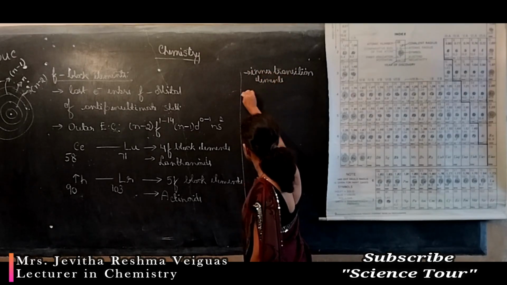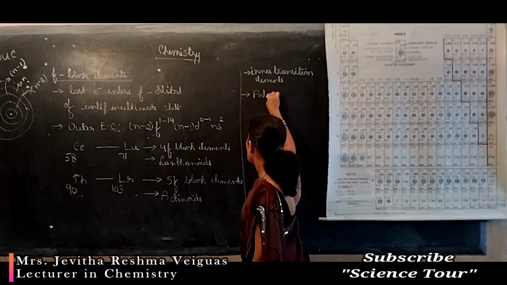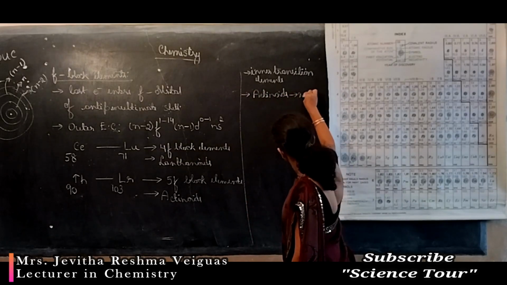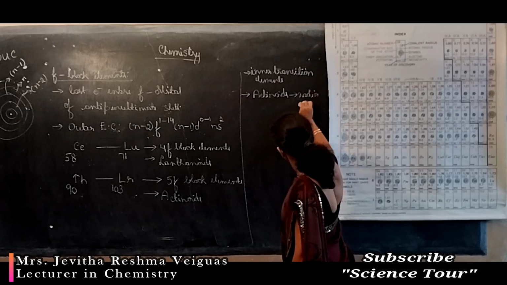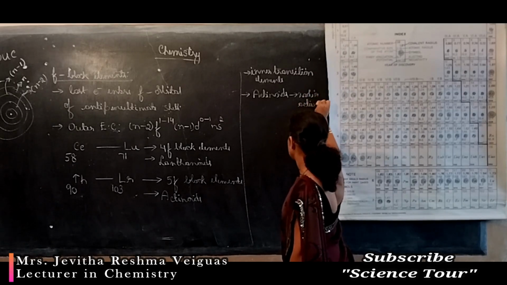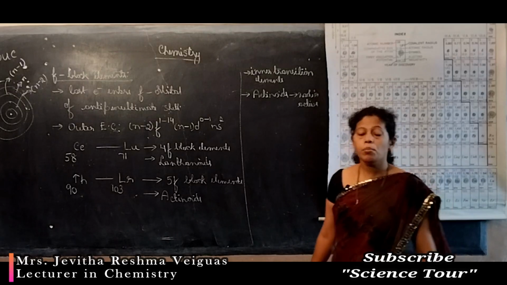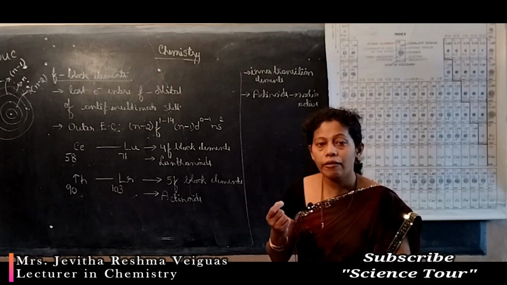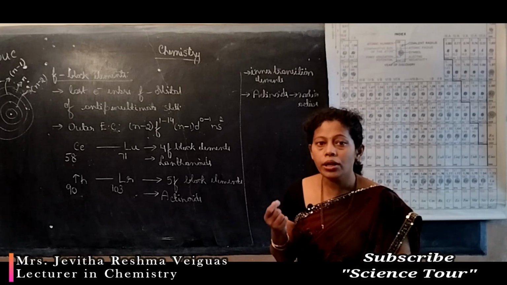Among these inner transition elements, the actinoids are radioactive elements. Actinoids are radioactive, and most of the actinoids are synthesized. They have a very short half-life.